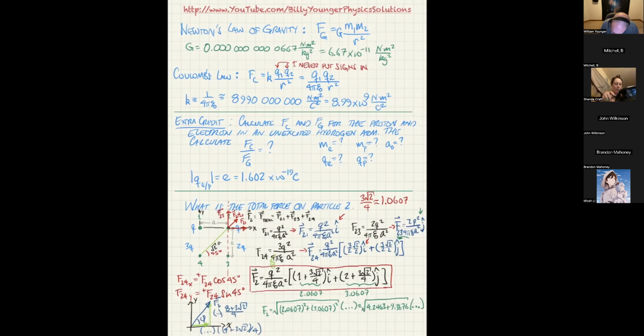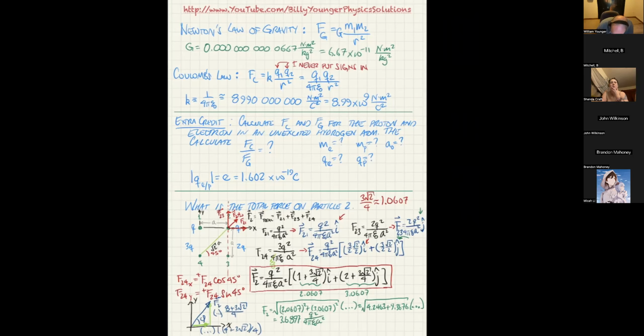So that gives me roughly the square root of 13.61. And therefore the magnitude is 3.6897 times q squared over 4 pi epsilon naught a squared. So that's what the magnitude is.